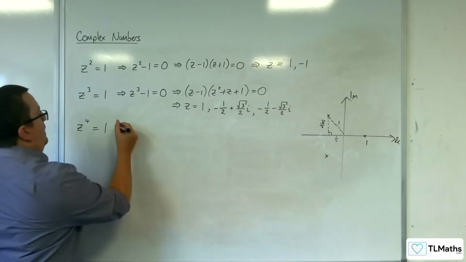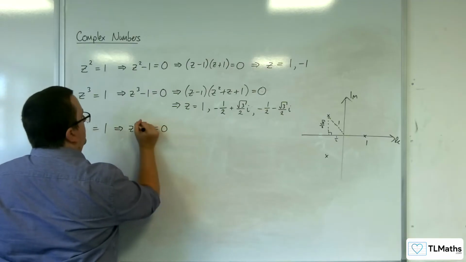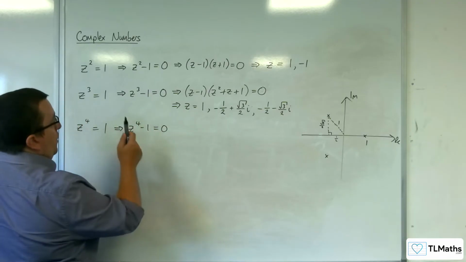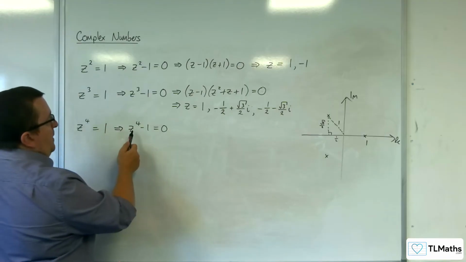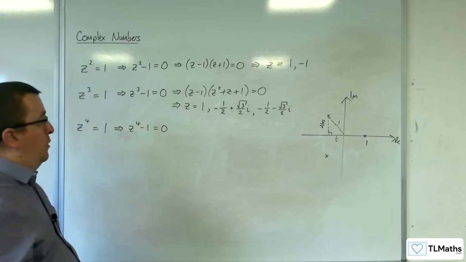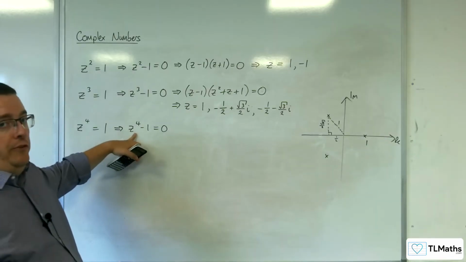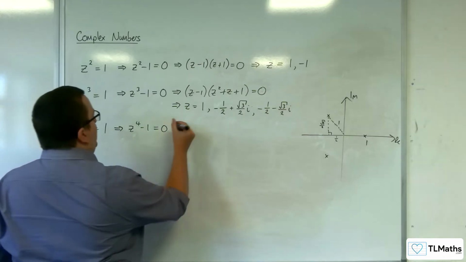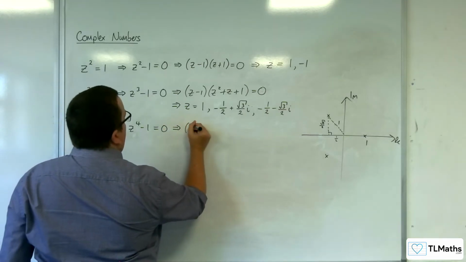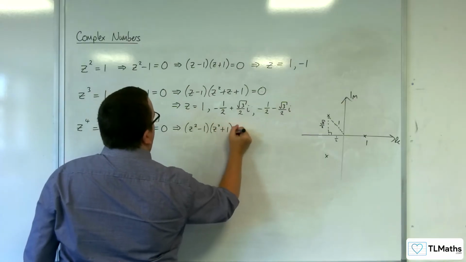Z to the 4 equals 1. Let's do a similar trick. Z to the 4 take away 1 equals 0. Once again, 1 is going to be a root, because 1 to the power 4 take away 1 is 0. But more than that, this is the difference of two squares. So I can factorise this directly as Z squared take away 1 times Z squared plus 1 equals 0.